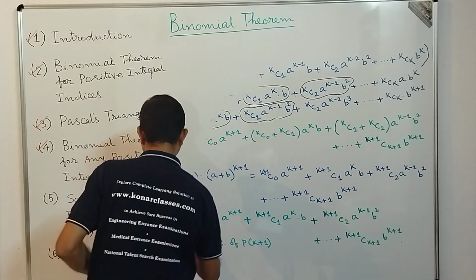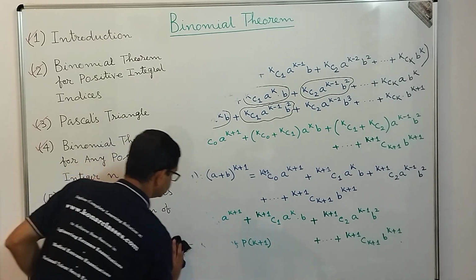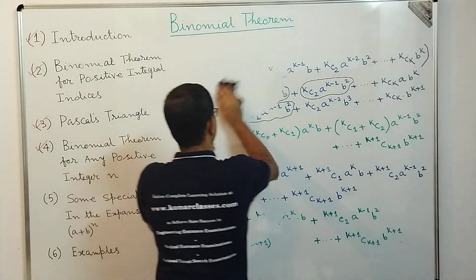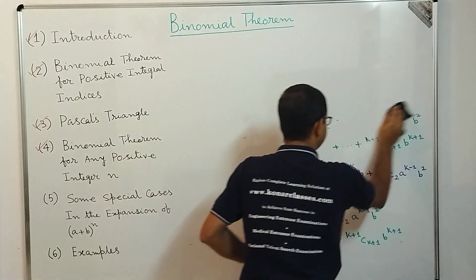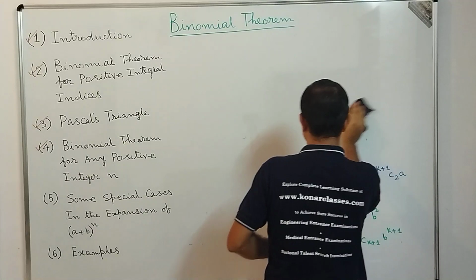So now whatever I have said, I can write in a summation form also. Let me write it down, how we can represent this a plus b power n.